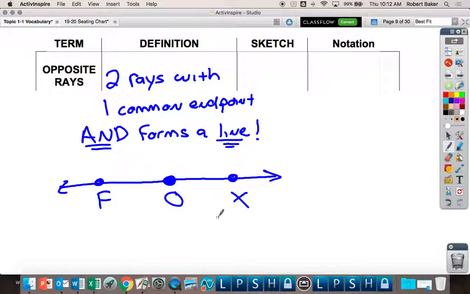Okay. So if I'm going to name a pair of opposite rays, they have to share a common endpoint. What is the only point they share that is common?